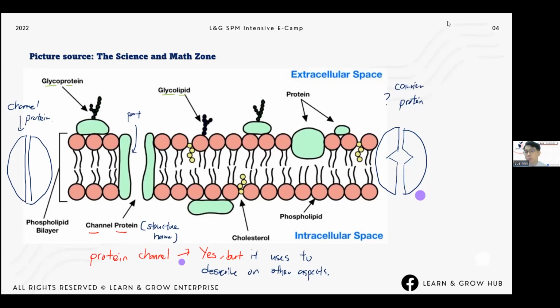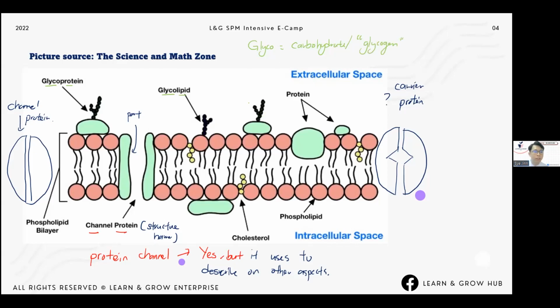Why? Let's see here. What is the meaning of glyco first? Glyco means having a meaning of carbohydrates. You can try to link the memory to a substance called glycogen.